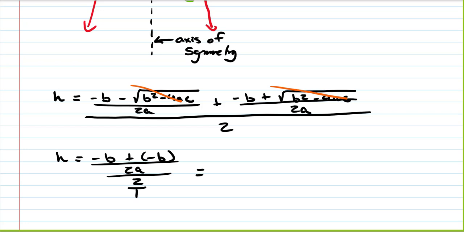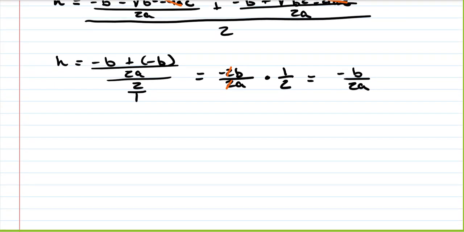So negative b and negative b is negative 2b over 2a, and then if I have a fraction divided by a fraction, I multiply by the reciprocal. So we do this. Our 2's in this first one reduce out, and we get negative b all over 2a. This is what is referred to as the vertex formula, or at least part of it.